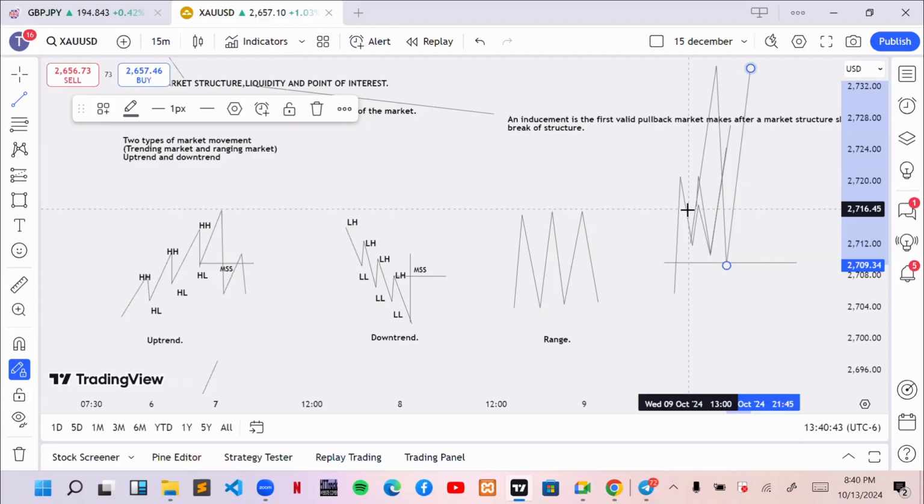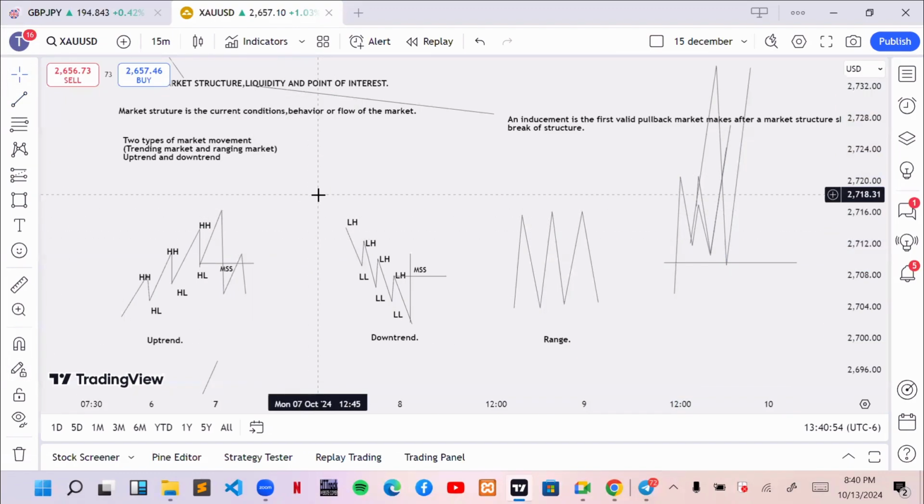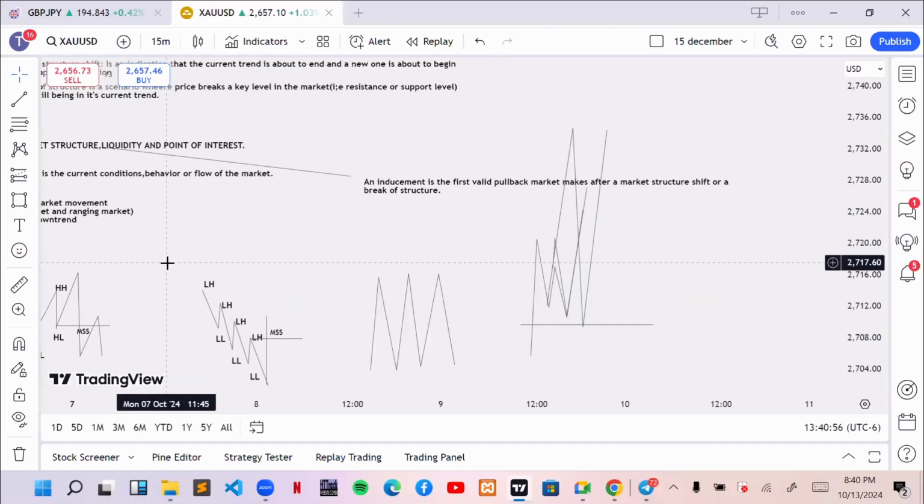So that is what a valid inducement is: a pullback. The first valid pullback the market makes after a break of structure or a market structure shift. An inducement is a trap, it's liquidity. Whenever you see an inducement, the market will come back, skip that inducement, and trigger the main point of interest.